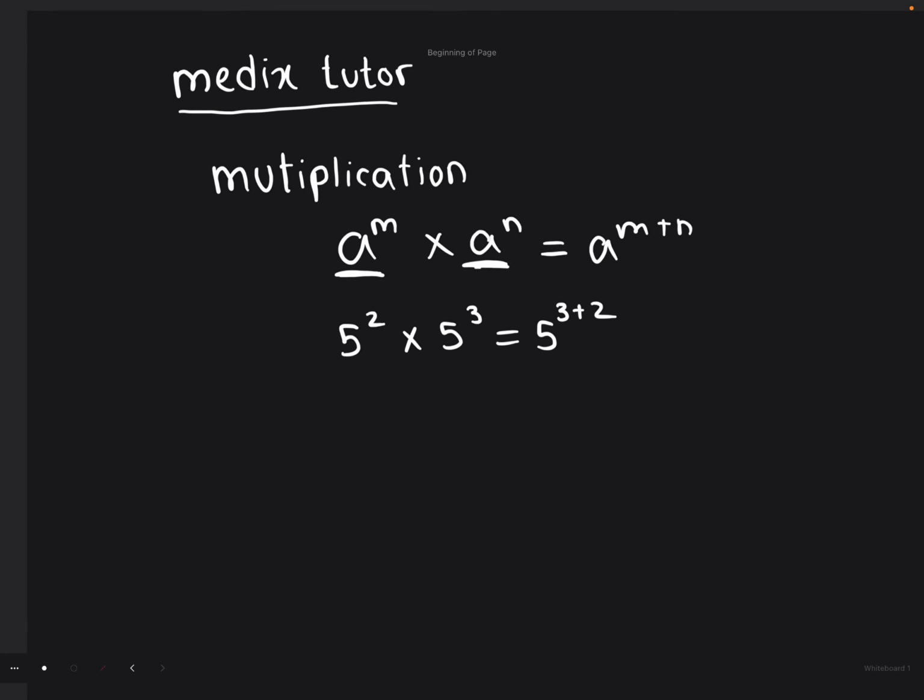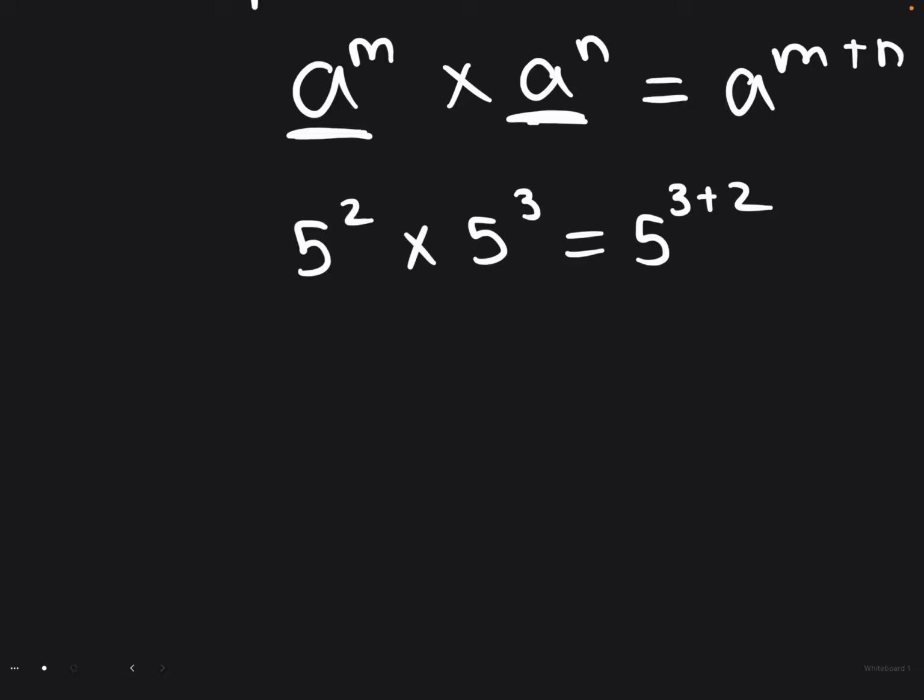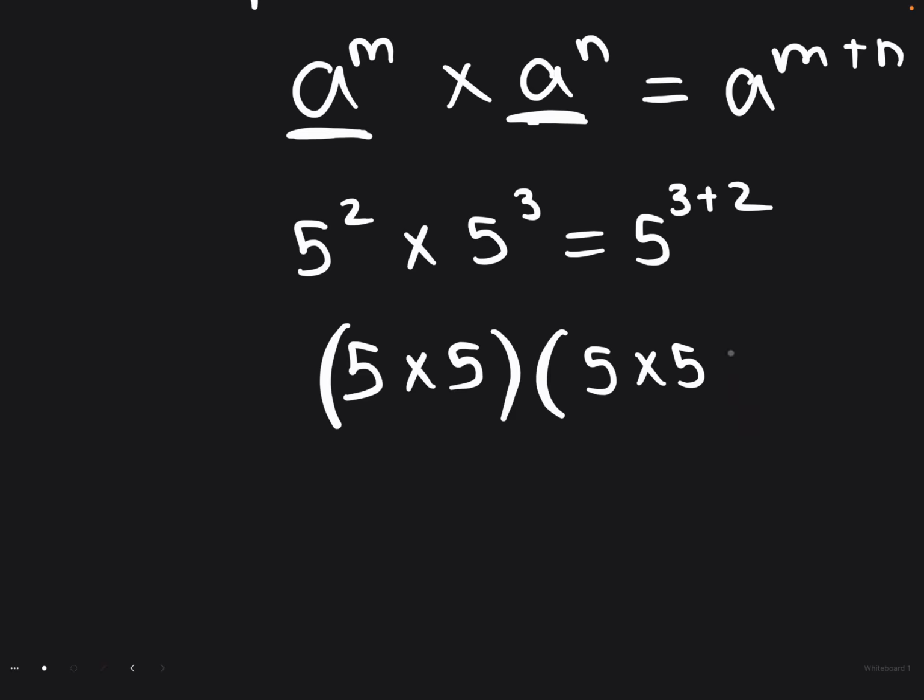So you might wonder why this is the case, if you were like me. The reason behind this is that when you write this down, you actually get 5 fives. For example, you do 5 into 5, and that's 2 fives, and then into 5, 5, 5.